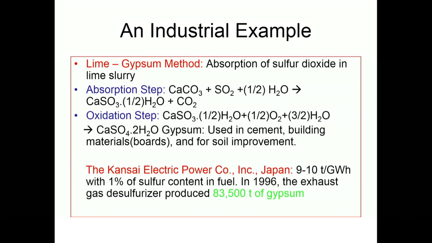We could take an instance, for example, an electric power plant. Kansai Electric Power Company from Japan had practiced gas absorption at this scale, 9 to 10 tons per GWh of power, with about 1% of sulfur in fuel.